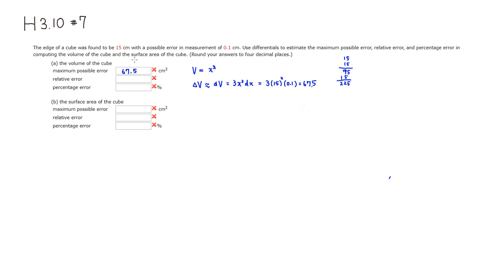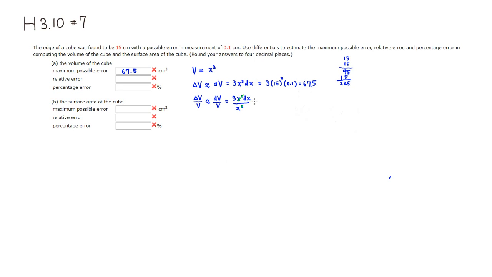Relative error is going to be delta V over V, which can be approximated by dV over V. We know dV is 3x squared dx, and the volume is x cubed. We can cancel x squared, so there's still x on the bottom.